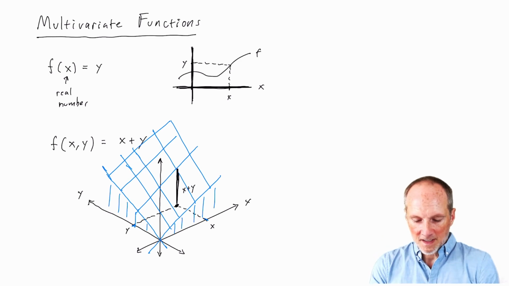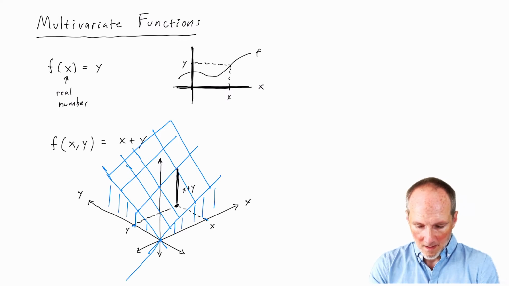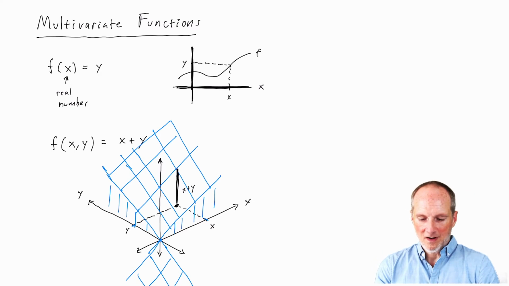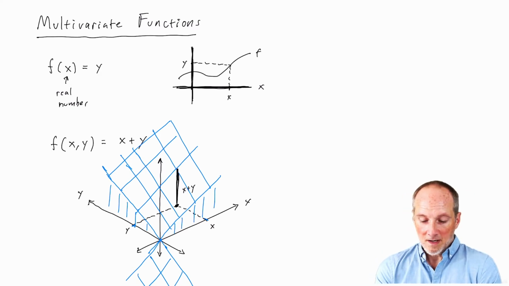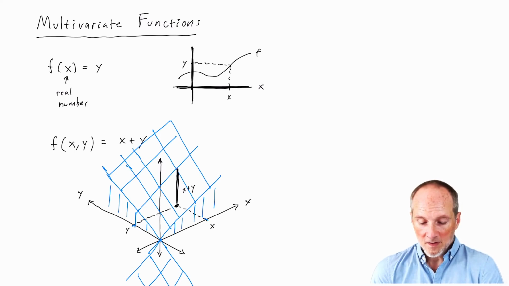Here I've just drawn it extending in one direction, but it would also extend back. It's going to be hard to draw the whole thing. Okay, that's kind of laborious. You can do it, and I actually think there's some value in being able to do that. So that's what the graph of a multivariate function would look like.